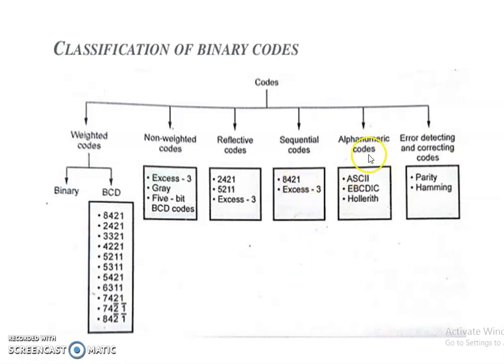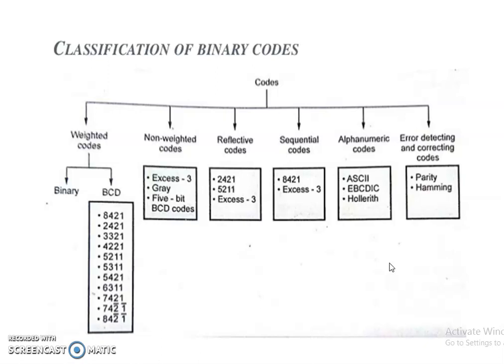Okay, now fifth one is alphanumeric code. A binary digit represents only two numbers, that is 0 and 1. For communication between two computers, we require digits along with letters and other symbols. The computer manipulates both numbers and symbols.